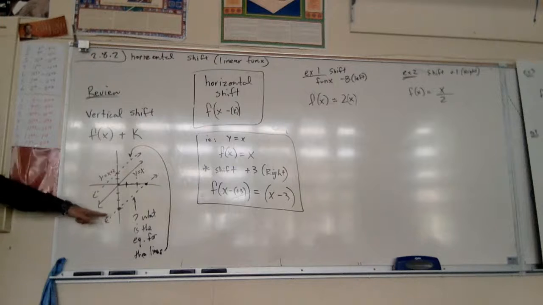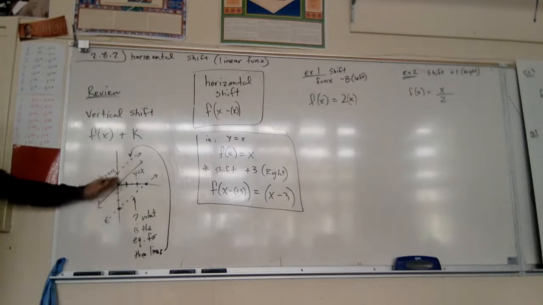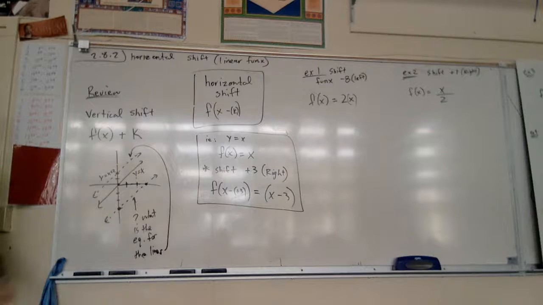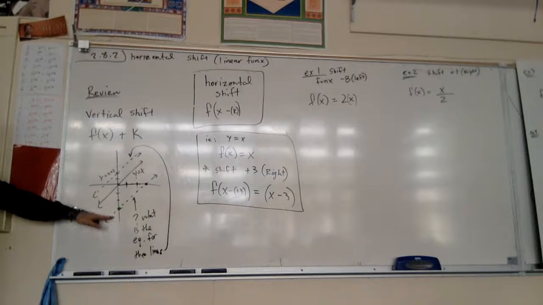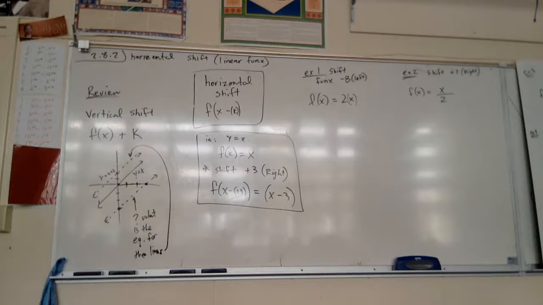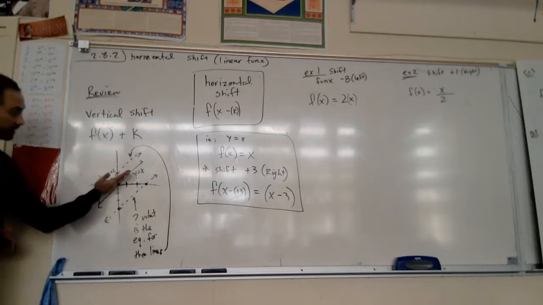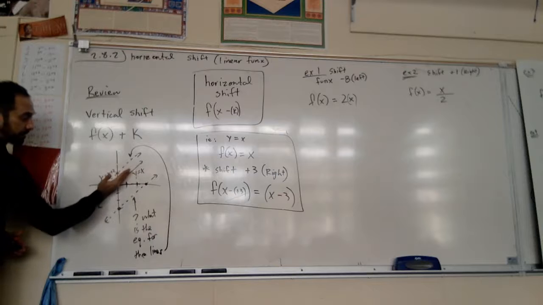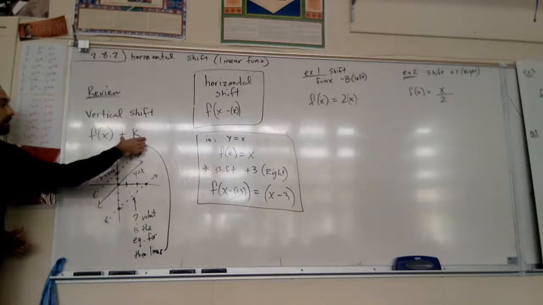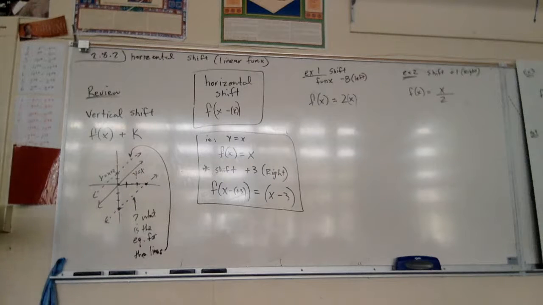I want you to put it down here. What is this function going to be? We took our parent function and we had to essentially move it down, a vertical shift down. So make the function for this bottom dashed line. What's that going to be? Look, you're given a function, here it's y is equal to x. So if we move it down 3, we just have to apply that minus 3 to the function.